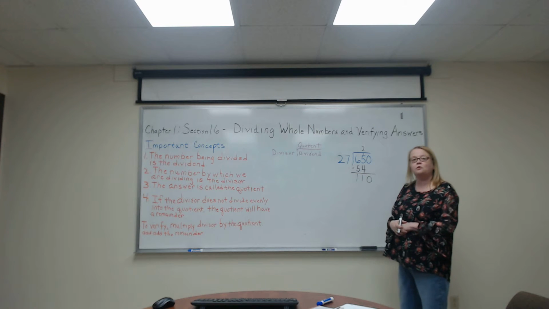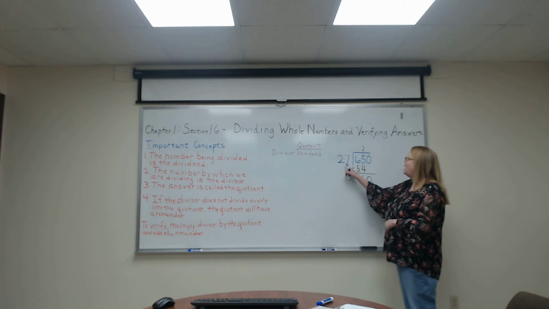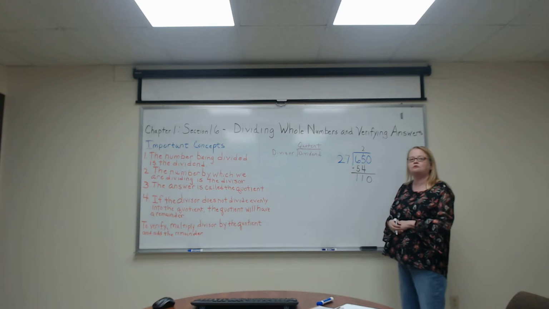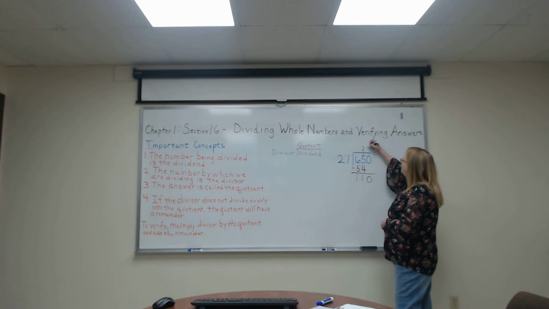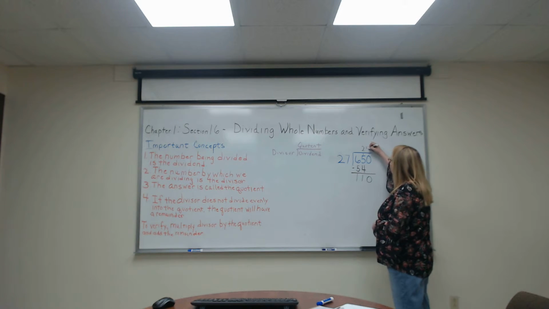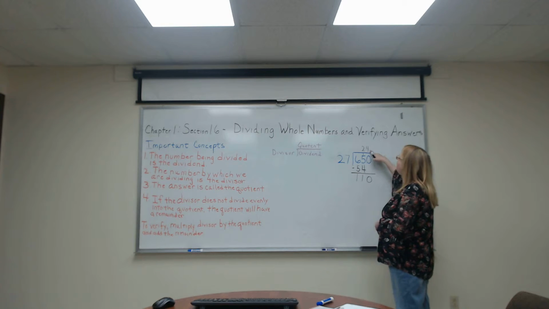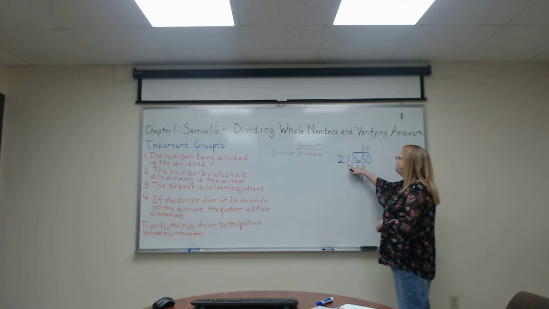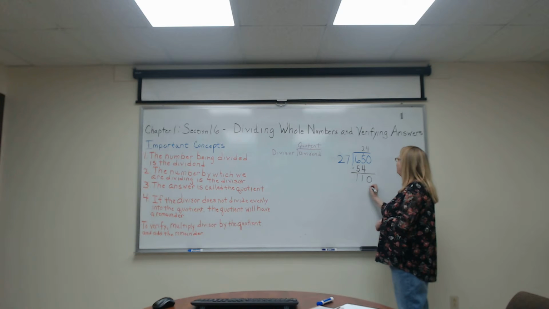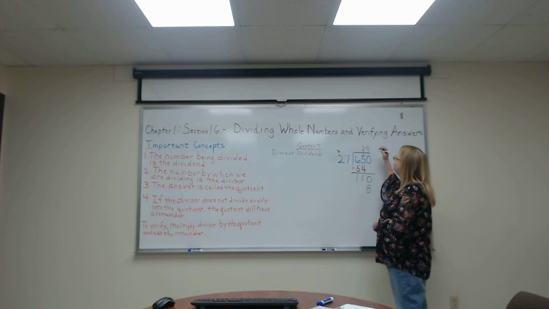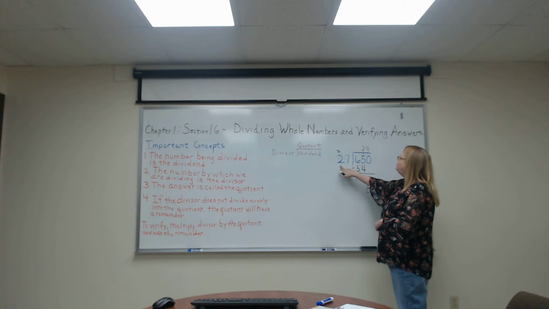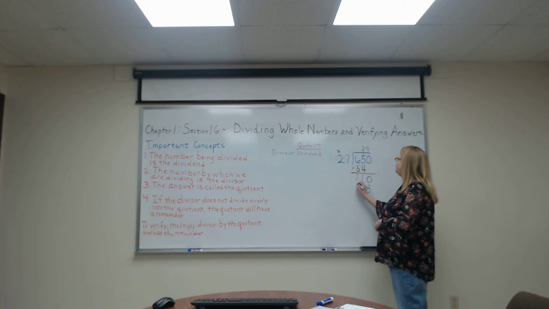Once again, we see how many times 27 can go into 110. We know that it can go in 4 times. If we multiply 4 times 7, we get 28. We carry our 2. 4 times 2 is 8, plus 2 is 10.